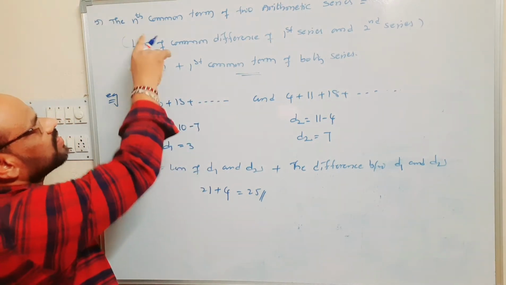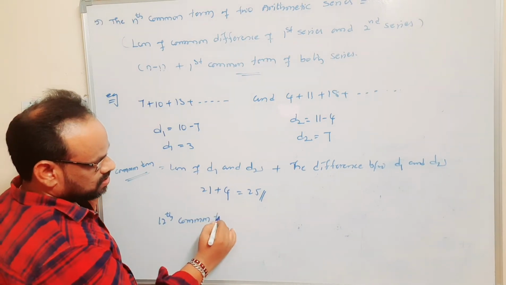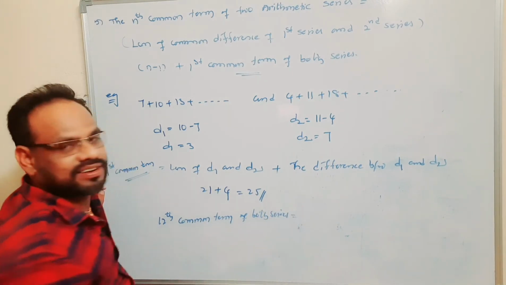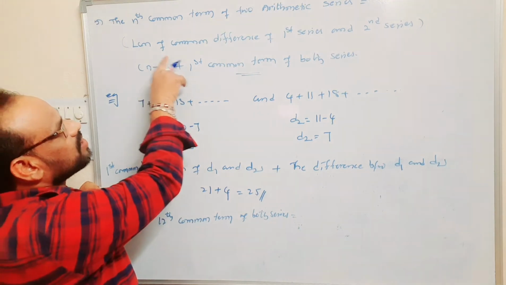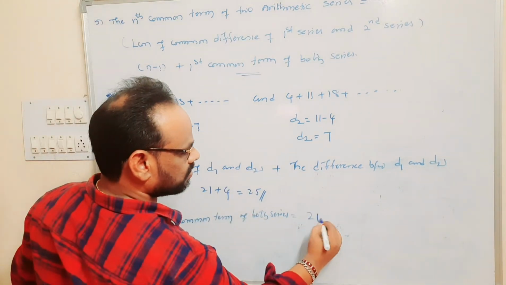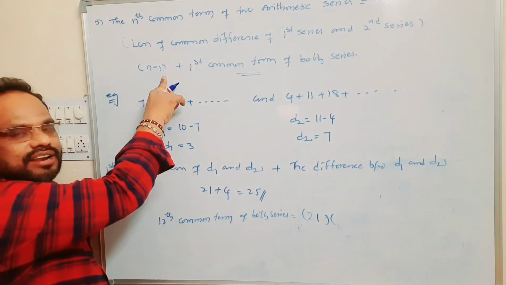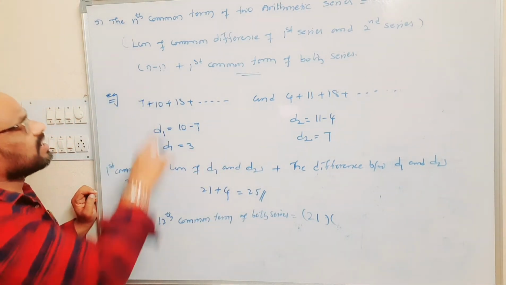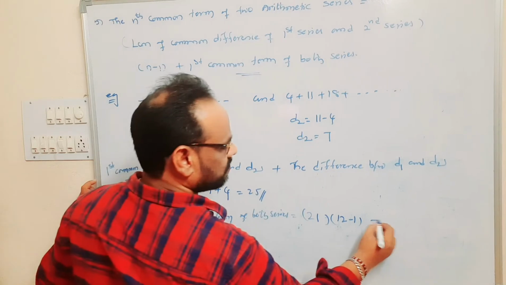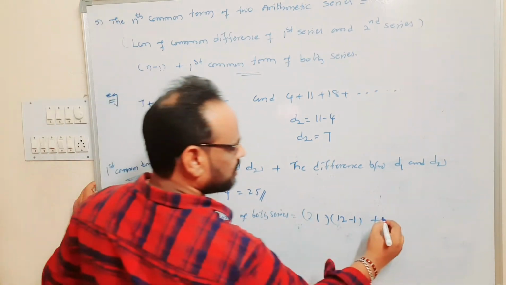We want the 12th common term. The 12th common term of both series is the LCM of the common differences of the first series and second series, which is 21, into (n minus 1), where n is 12 for the 12th common term, so 12 minus 1, plus the first common term of both series, which is 25.